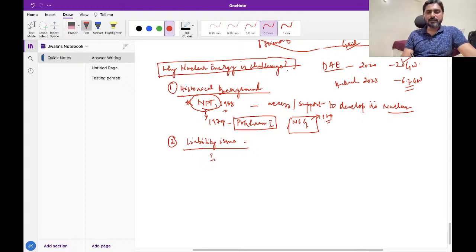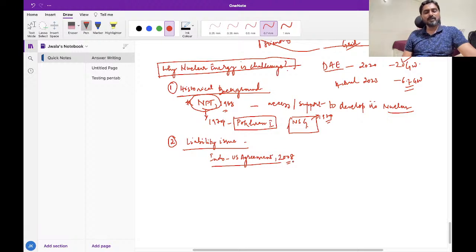In order to understand the liability issue, you have to understand the Indo-US agreement. Are you aware of this Indo-US agreement?